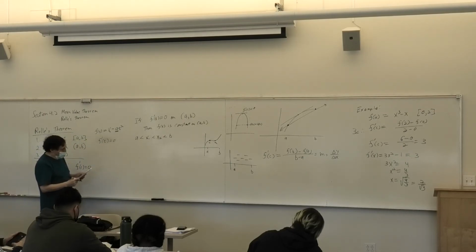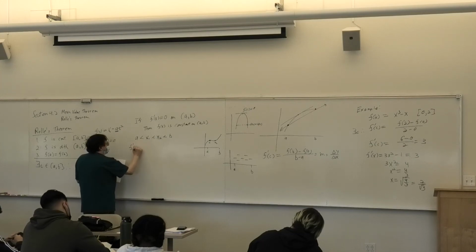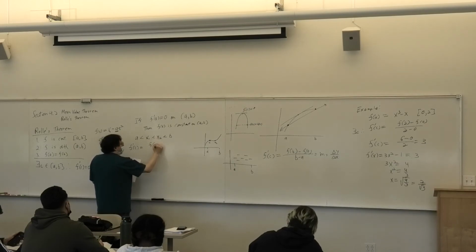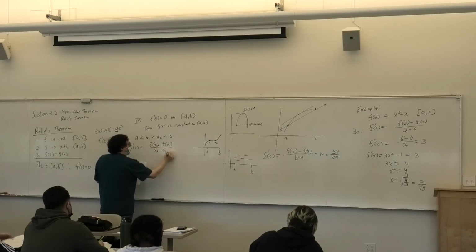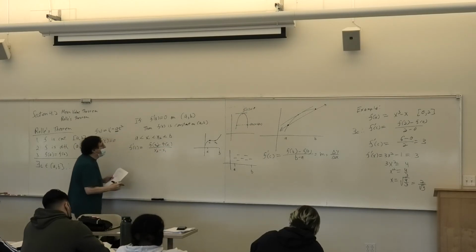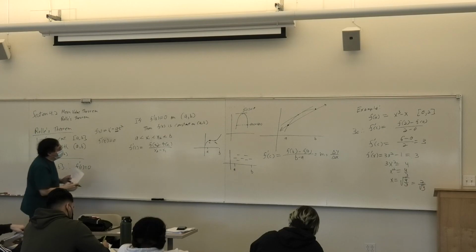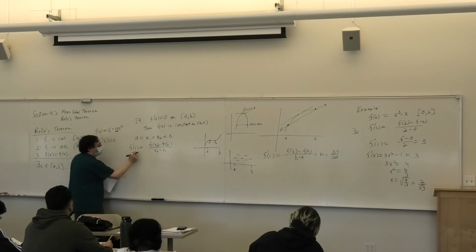So by the mean value theorem, there's some c such that f of x2 minus f of x1 over x2 minus x1 equals f prime of c, if there's some c where this is true. But we just said this is 0, right?